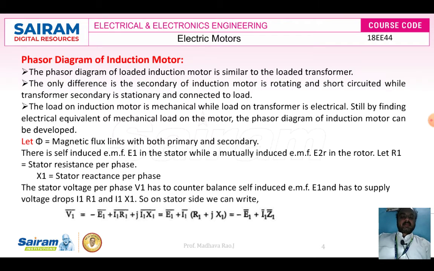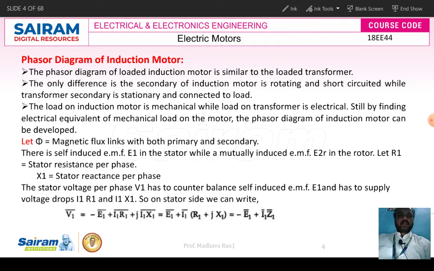So on the stator side we can write V1 is equal to minus E1, the induced EMF in the stator, plus the drops I1 R1 plus j I1 X1. Now we simplify by taking I1 common: I1 into (R1 plus j X1), where R1 plus j X1 is the impedance Z1.